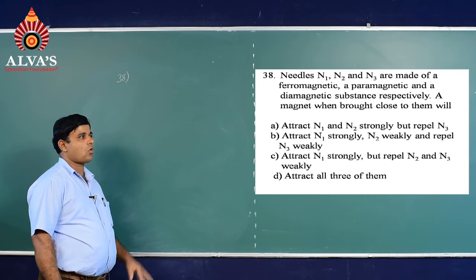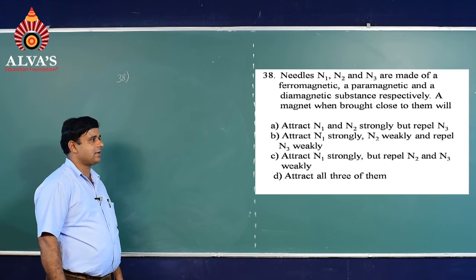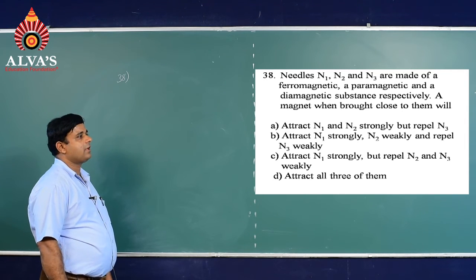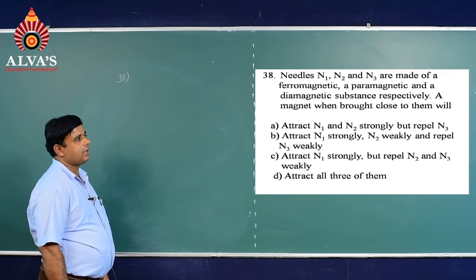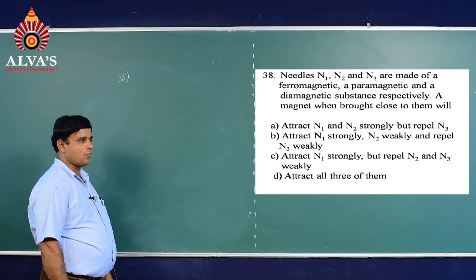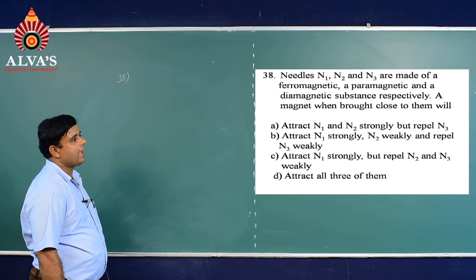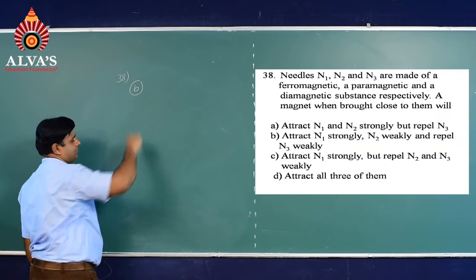Ferro attracts strongly, para weakly, but diamagnetic repels weakly. Therefore, the answer should be N1 ferromagnetic attracts strongly, N2 paramagnetic attracts weakly, and N3 diamagnetic repels weakly. So, B is the answer.